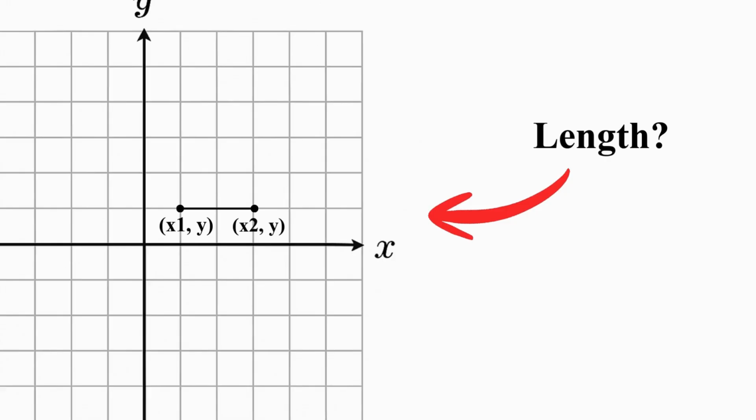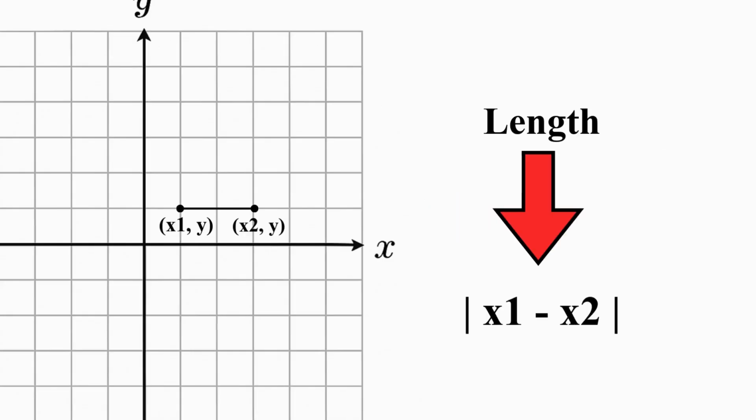I don't have to say this is y1, this is y2, because they're the same number. What we're interested in is x1 and x2. So we know that the length of this horizontal line segment, or the distance between these 2 points, is just the absolute value of x1 minus x2, the difference between the x values of these 2 points.